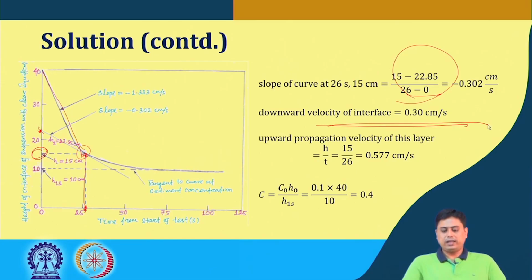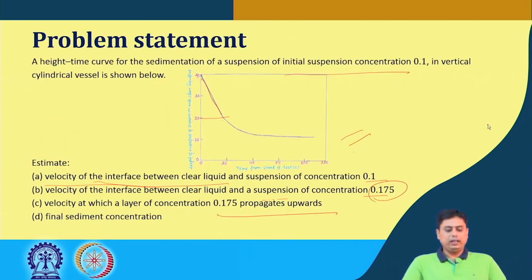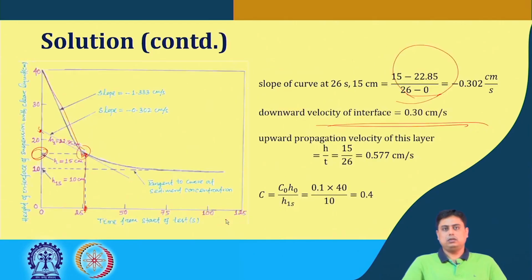The question was then what is the upward velocity of this 0.175 layer. That upward propagation velocity would be h by t, because at that time it should have reached the height h, that is 15 centimeter, which gives 0.577 centimeter per second.